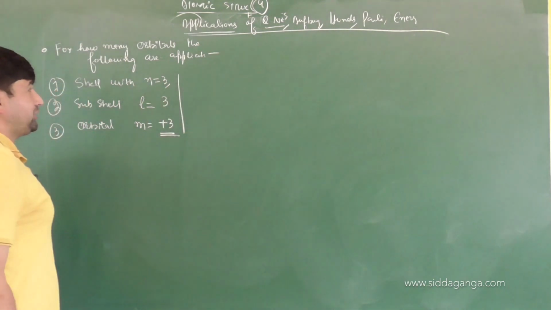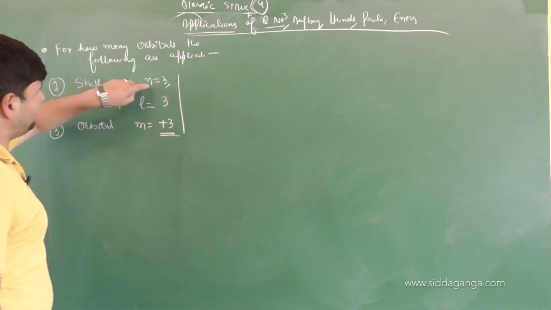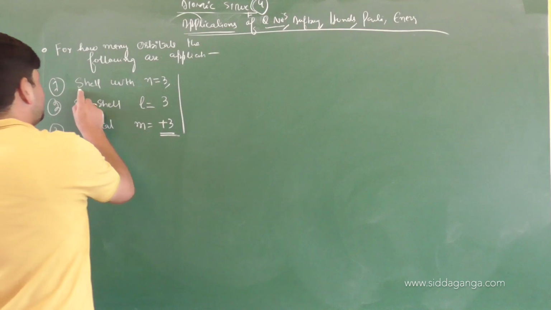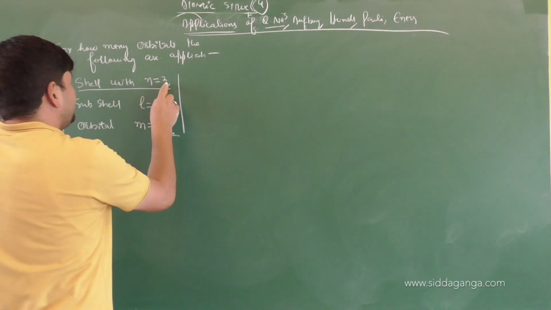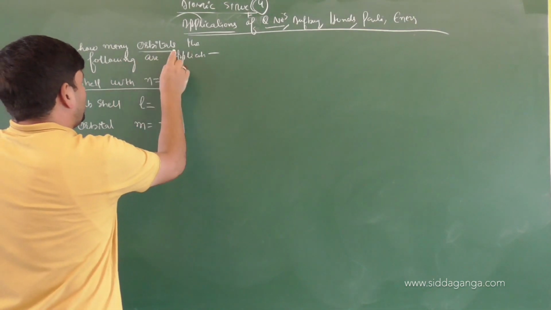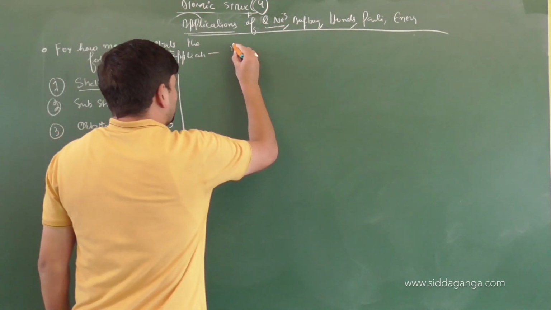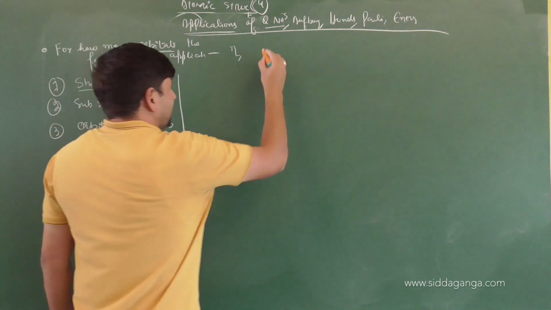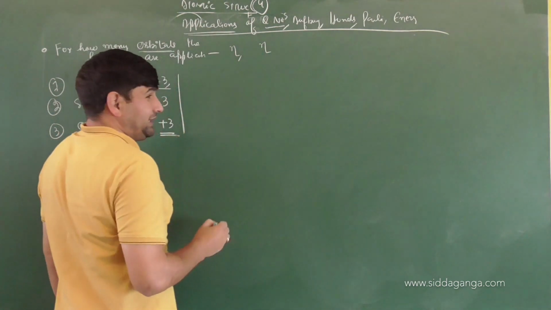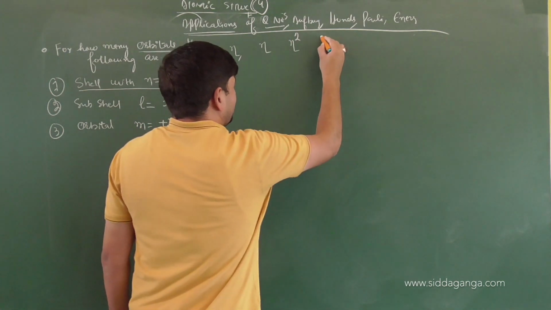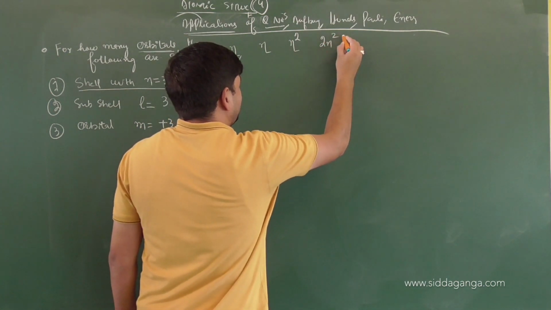Now children, according to this question, I have given a shell with n value equal to 3. Our question is, this n value 3 is applicable to how many orbitals in an atom? We have learnt it. If the principal quantum number is n, the number of subshells will also be n, the number of orbitals will be n square, and the number of electrons will be 2n square.